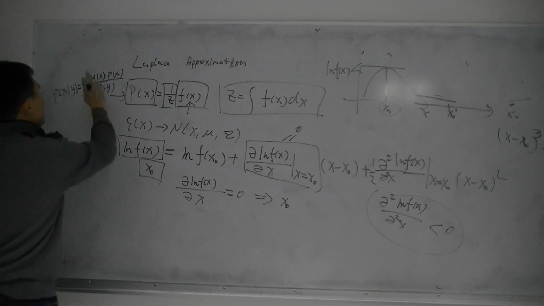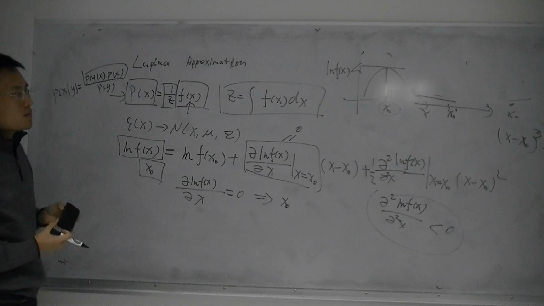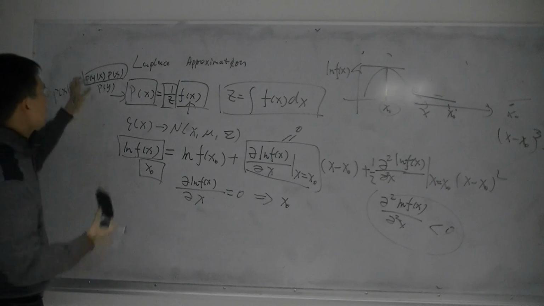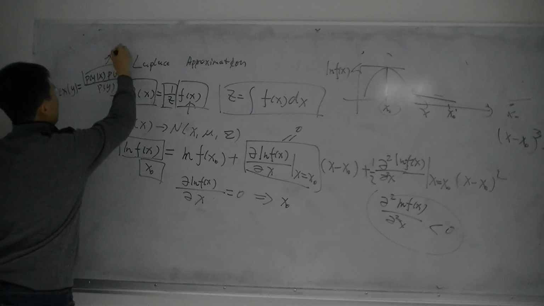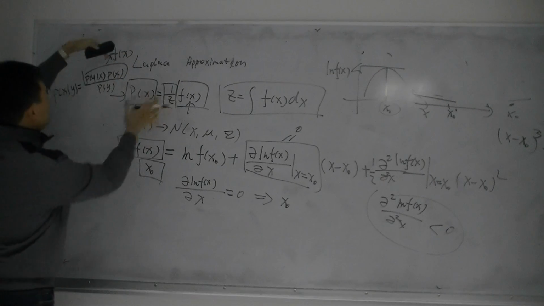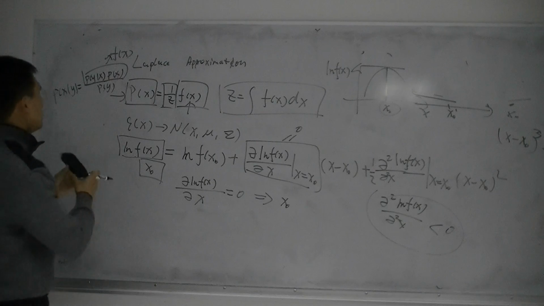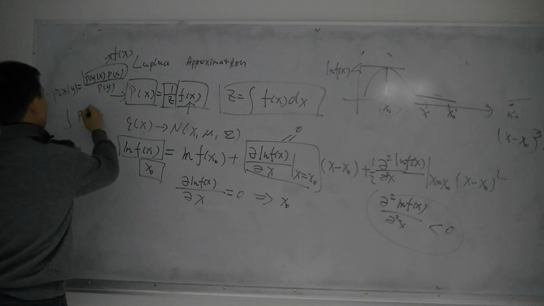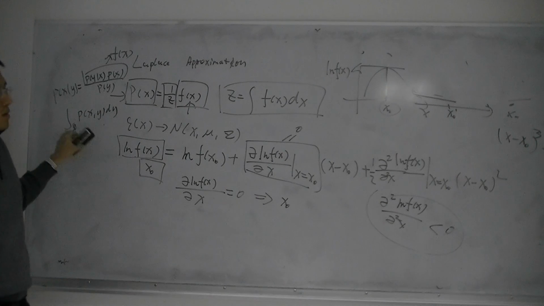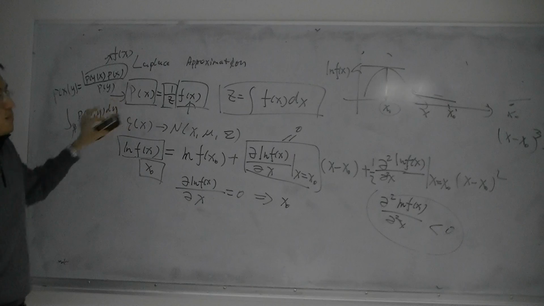Here is your joint distribution corresponding to f of x, and here is the normalization constant. You need to marginalize the joint distribution, integrating over y. Sometimes this integral is very difficult to evaluate. So this is the problem.